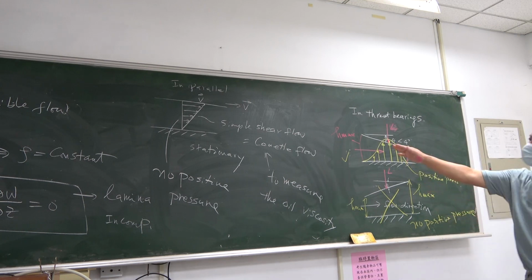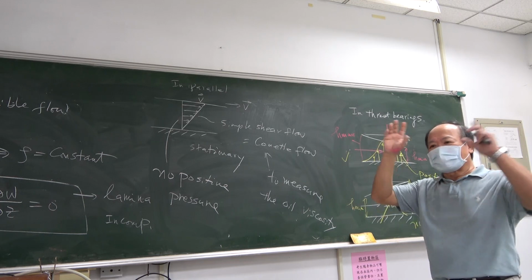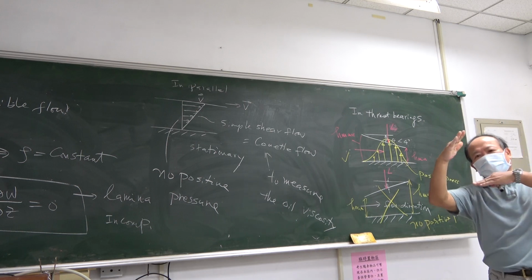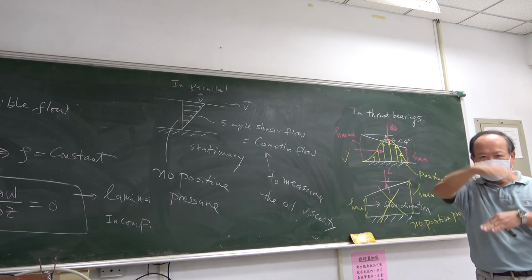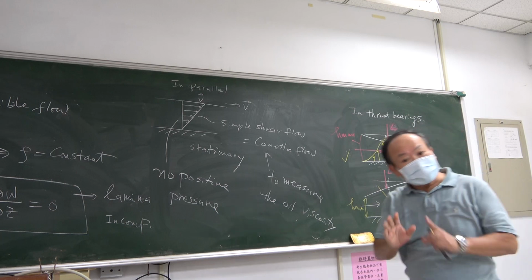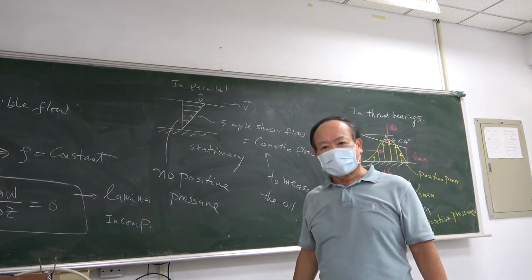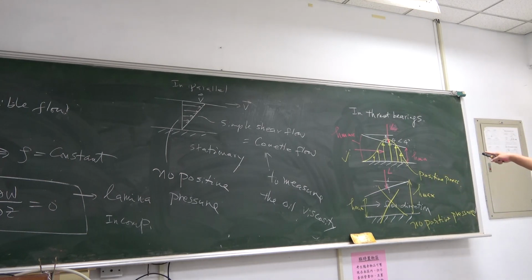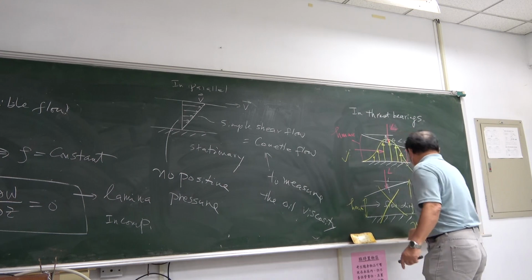So you will have the picture: two parallel plates, one plate with a small inclination angle with respect to the other. It's totally different. If we want a bearing, the inclined one should be the upper one, not the lower one. This we call the wedge effect.